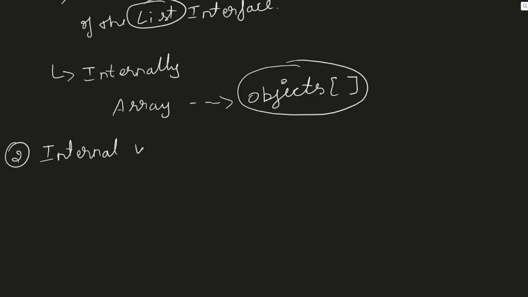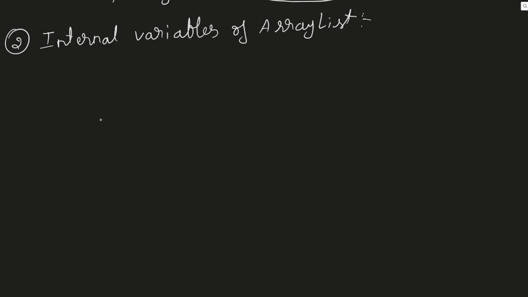These two variables are most important. Whenever we declare an array, we need a size, right? In the same way, in the ArrayList class, it will have a variable called int size.